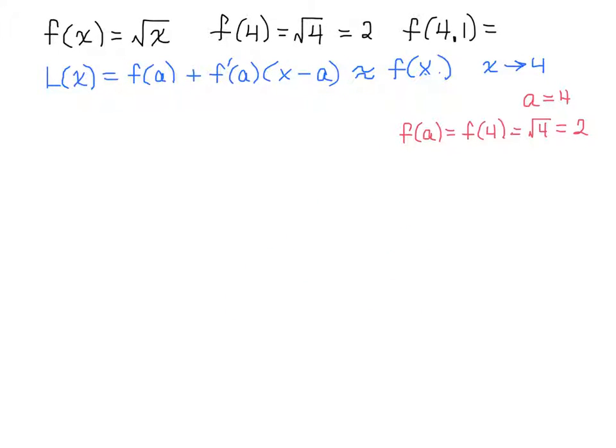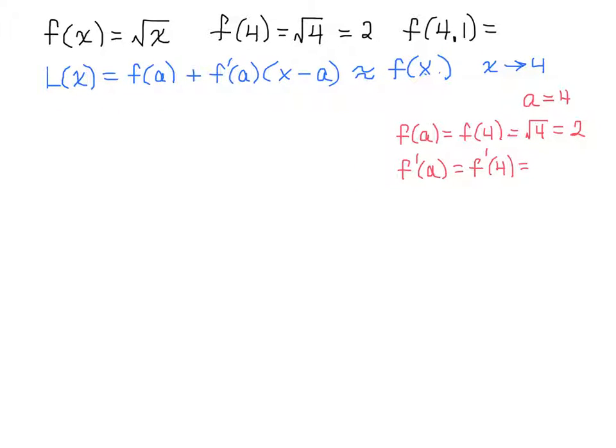And then we want to know what is f prime of a, which is going to be f prime of 4. That's the question. So we've got to go find f prime of x.